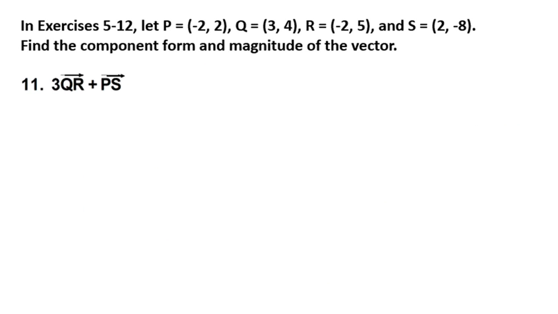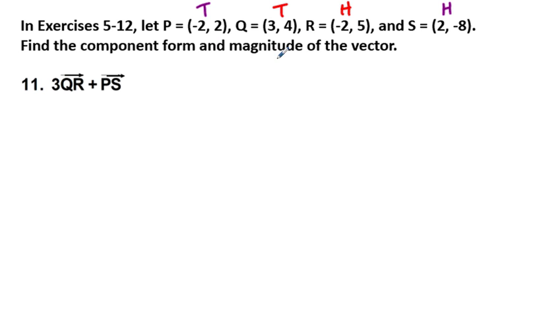All right. Number 11, 3QR plus PS. Let's go look at this. We've got QR. R is going to be your head, and Q is going to be your tail. And then for this other vector, S is going to be your head, and P is going to be your tail.